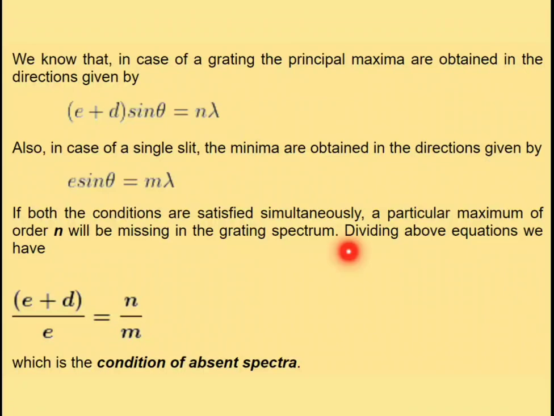Now dividing the above two equations, we have (e plus d) sin theta by e sin theta is equal to n lambda by m lambda. By simple calculation, sin theta cancels in the denominator and numerator, and in the same way lambda is also cancelled. So finally we get the formula for absent spectrum: (e plus d) by e is equal to n by m. As we know the grating element and the number of orders and also the minimum equation, finally we get the condition for absent spectra.